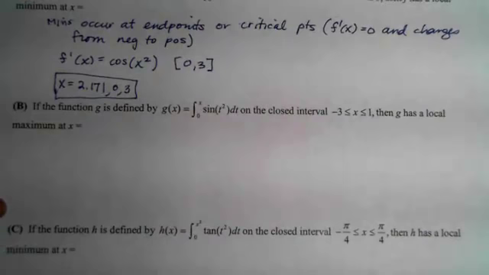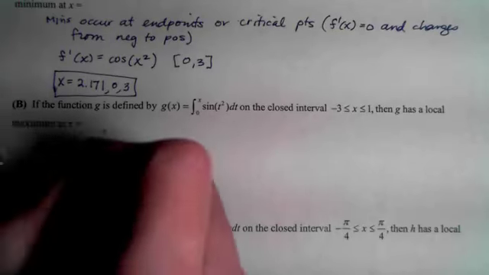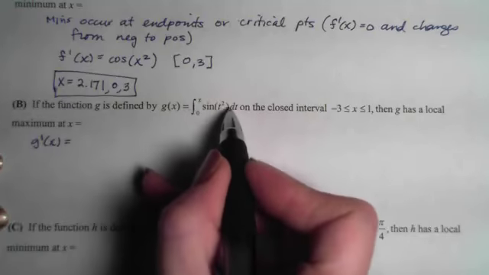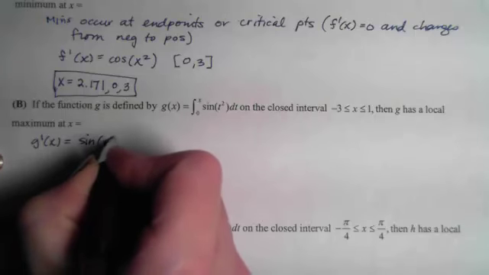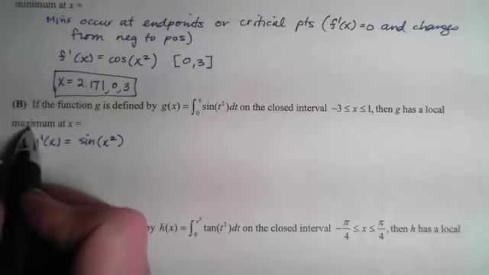So let's look at part B, which works the same way. Again, we have a closed interval, and this time we're interested in when we've got a local maximum. So we want g prime, which is the derivative of this, or sine of x squared, and we're looking for changes from positive to negative.